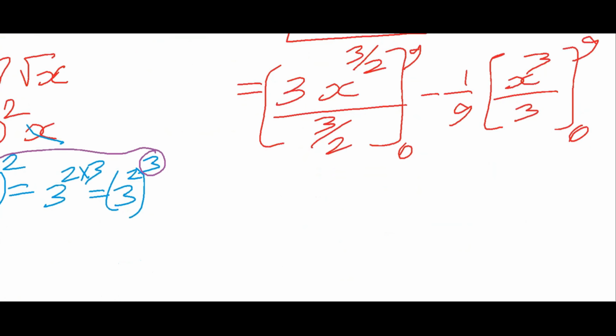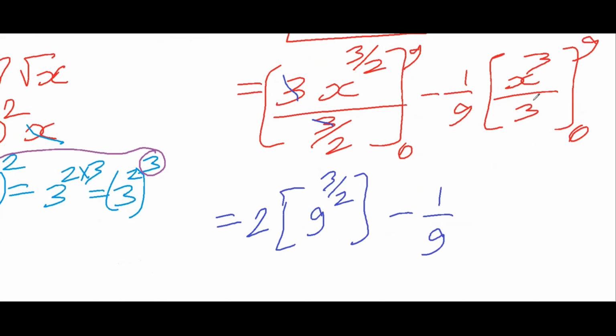Fine. Now we have to solve this further, right? So this 3 and this 3 will get cancelled, and here I will get 2, and here x to the power of 3/2. So this I can write as 9 to the power of 3/2 minus 0, so I am not writing it, minus 1/9. Here it will be 9 cube upon 3.